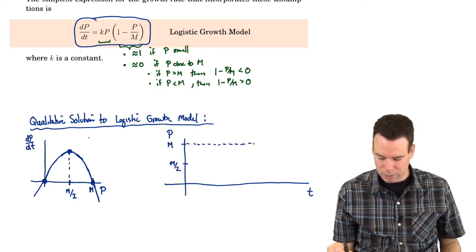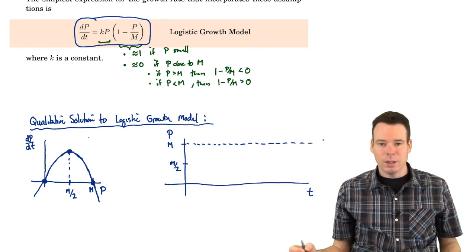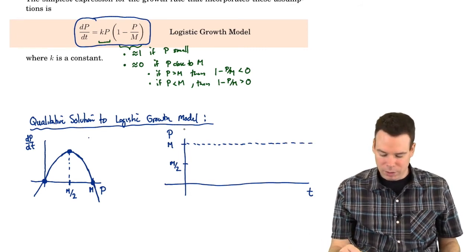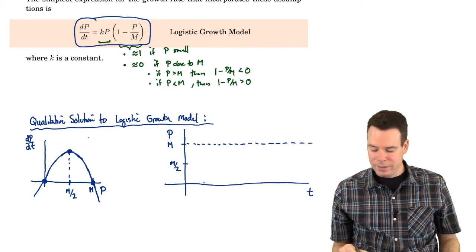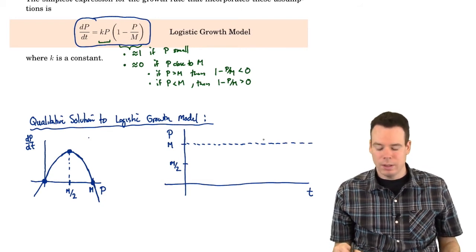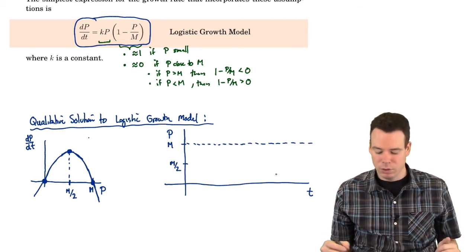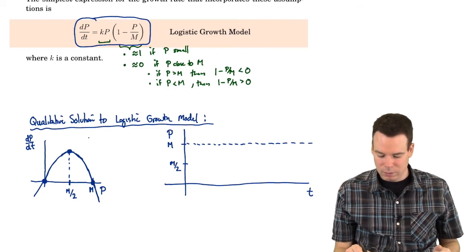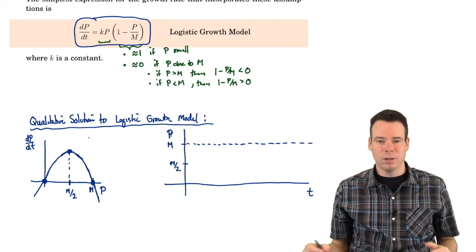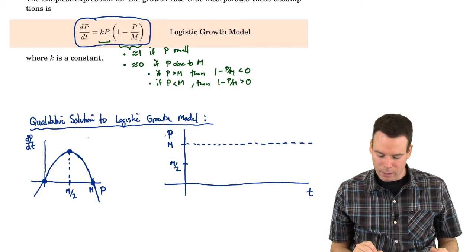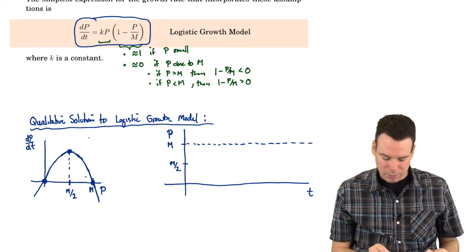So there's our carrying capacity m. Now we eventually expect that as time goes on, the population will approach that horizontal line at height m. So this should be a horizontal asymptote for the various different functions p, depending on initial conditions and whatnot.